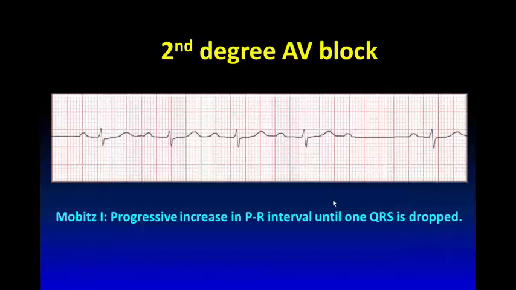The second degree AV block is further subclassified into two types. Mobitz type 1 is characterized by progressive increase in the PR interval until one QRS complex is dropped.